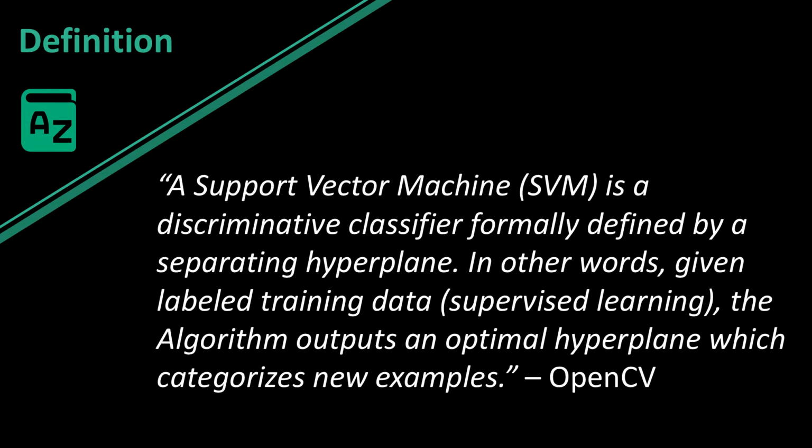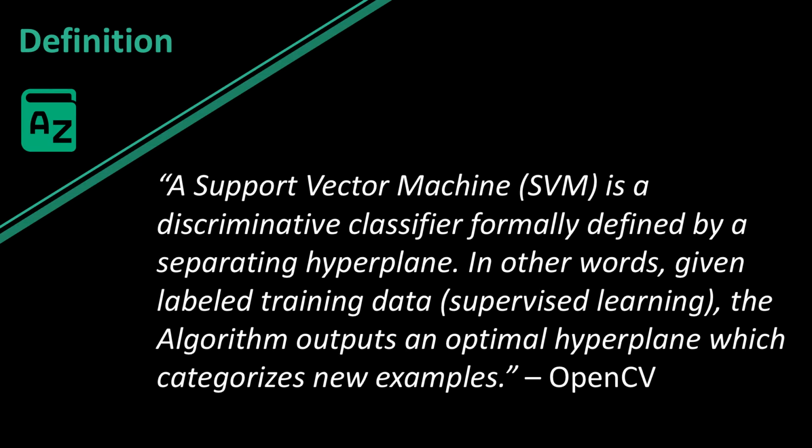The definition of a SVM algorithm is that it is a support vector machine and it is a discriminative classifier formally defined by a separating hyperplane. In other words, given labeled training data, which every kind of supervised algorithm needs to have, the algorithm outputs an optimal hyperplane in which it categorizes new examples.